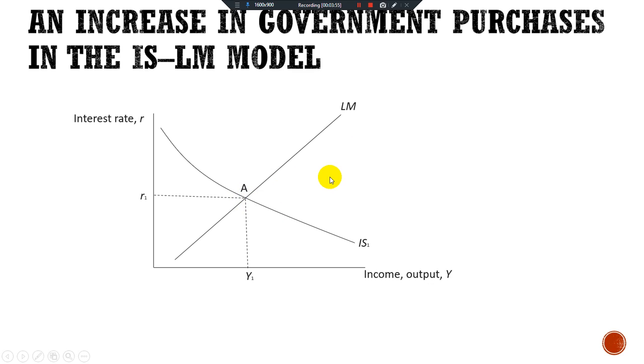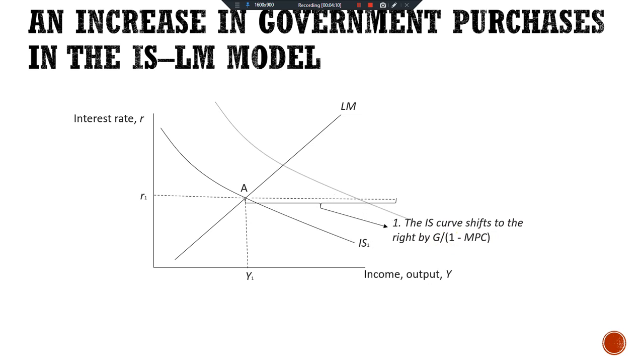Here an increase in government purchases shifts the IS curve rightward by delta G over 1 minus MPC. So our IS curve shifts rightward from IS1 to IS2.